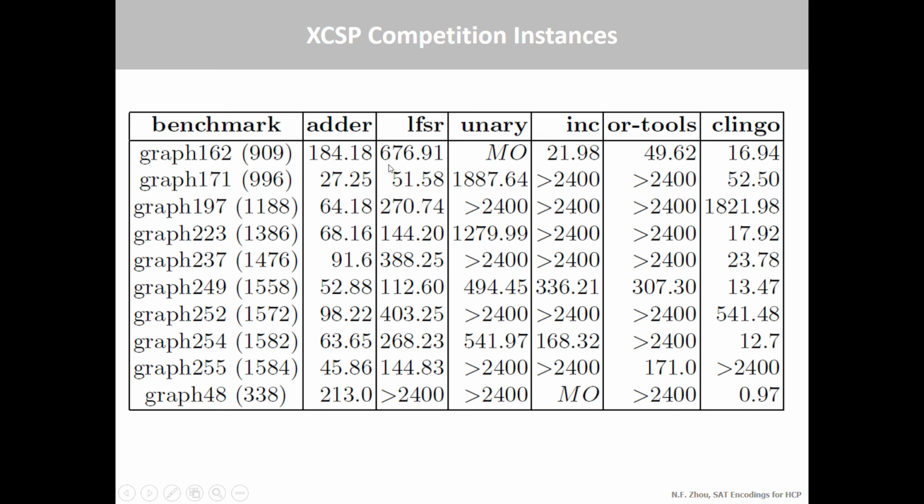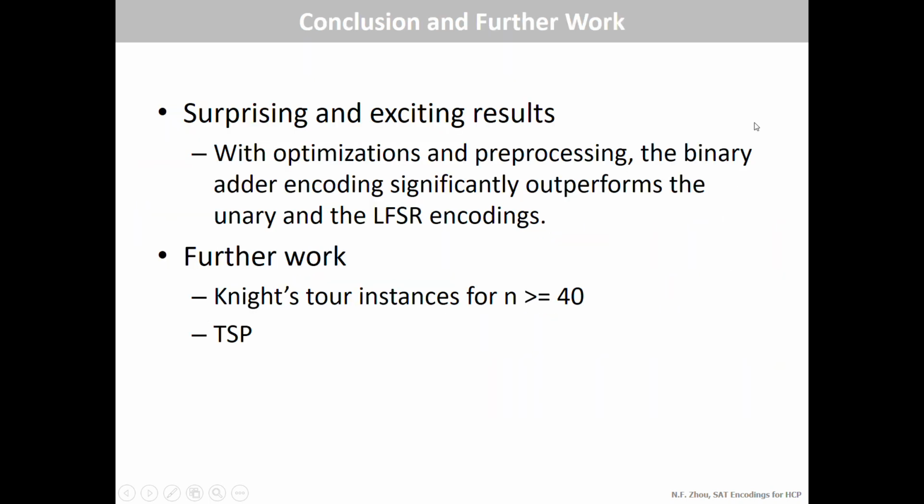It outperformed not only other set encodings, but also the OR-Tools CP solver and the ASP solver. In conclusion, this study has found, surprisingly, that with optimizations and pre-processing, the binary add encoding significantly outperforms the unary and the linear feedback shift register encodings.